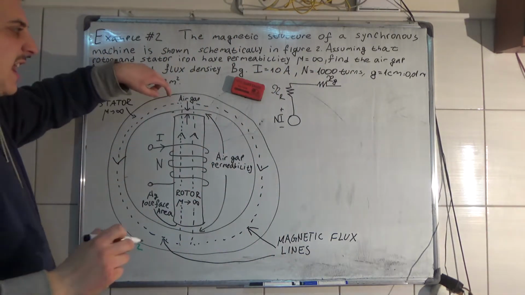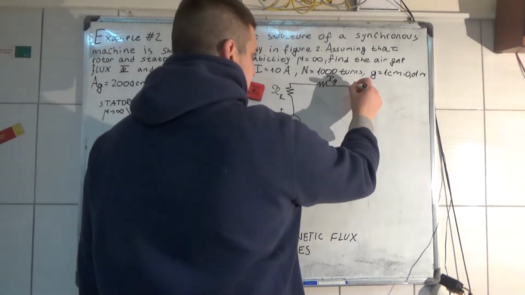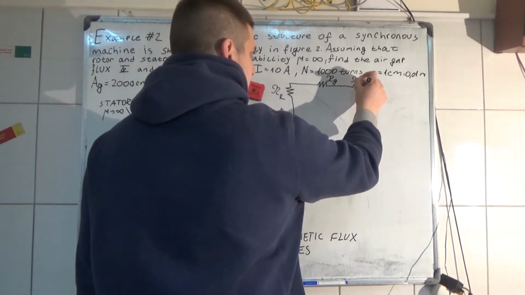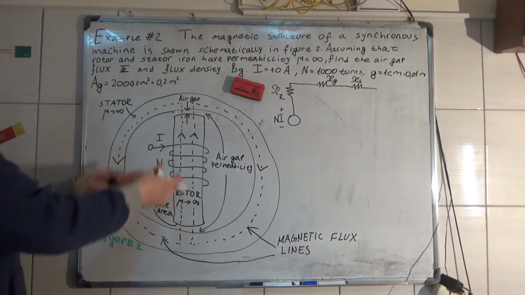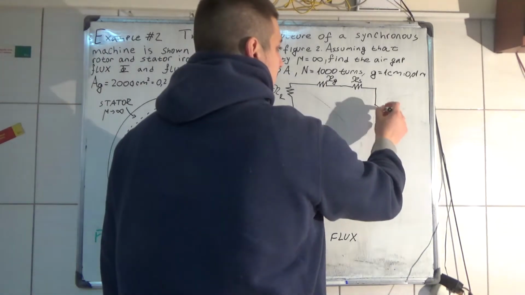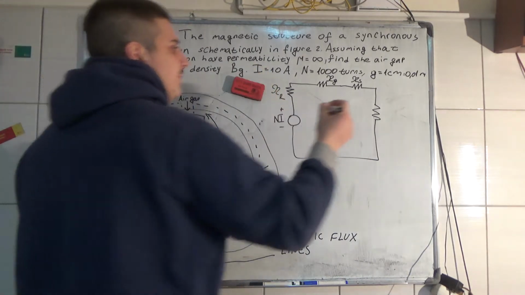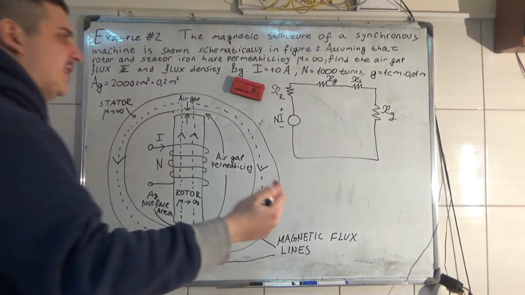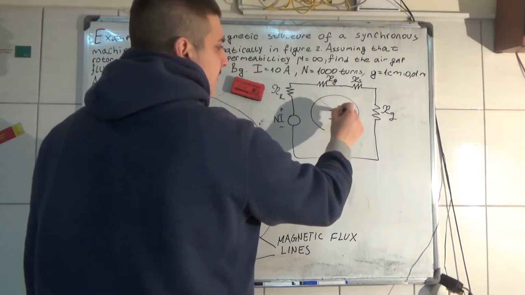Now we have the reluctance of the stator. And again here we have the reluctance of the air gap. So we have one more reluctance, and the flux is going in this direction.